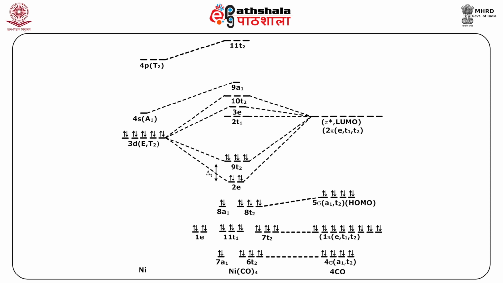The antibonding pi star orbital of carbonyl has its largest amplitude on carbon and has appropriate symmetry and energy to overlap with that of T2g orbitals of the metal center.